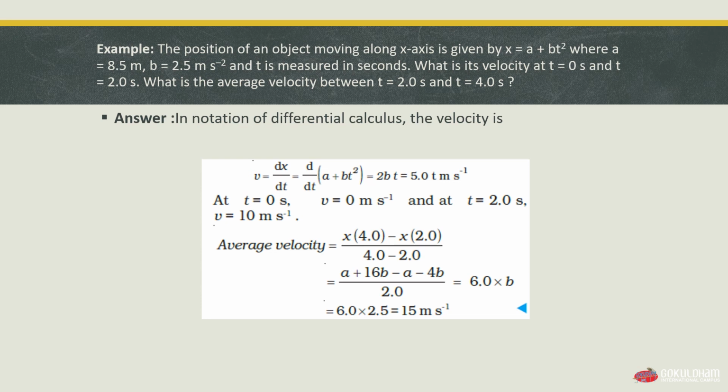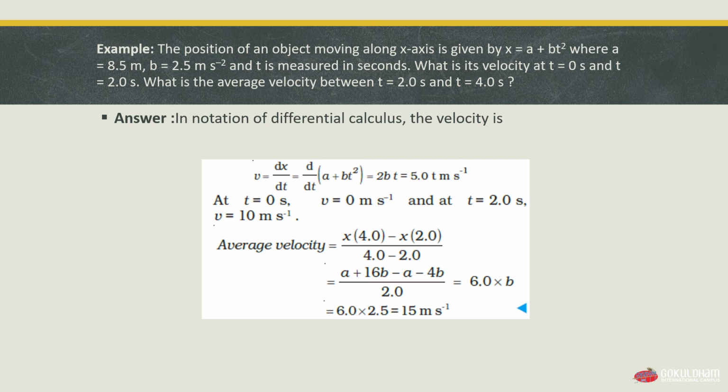Now solving this further, we will get 6 multiplied by b. Now we will substitute the value of b as 2.5 and we get 6 multiplied by 2.5, and when we multiply 6 with 2.5 we get the answer 15 meter per second.